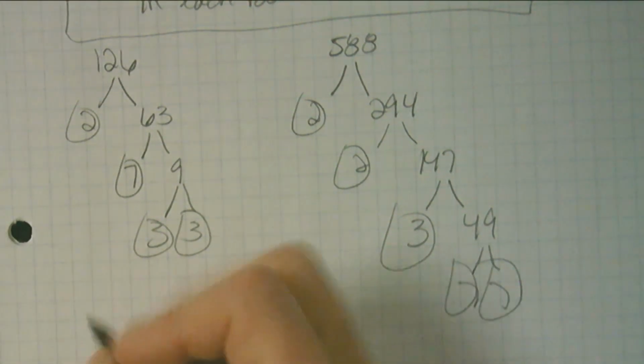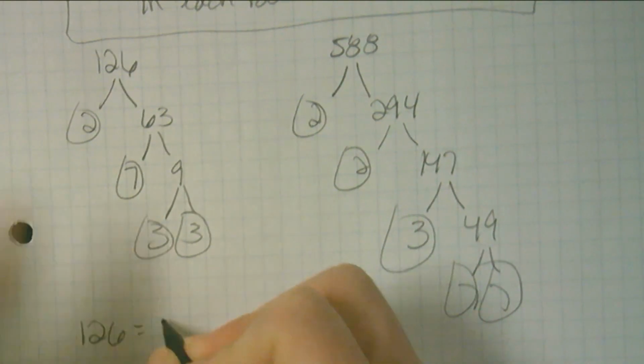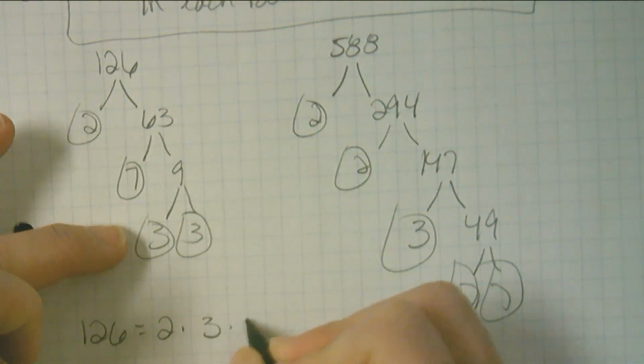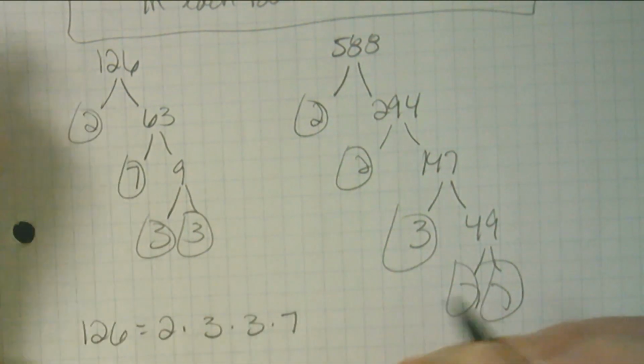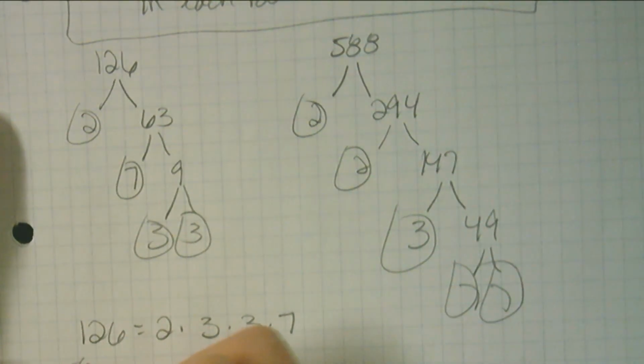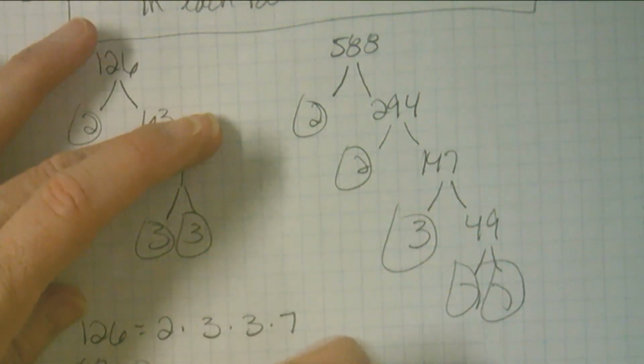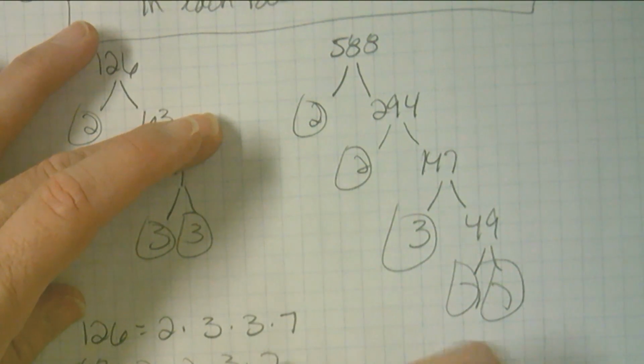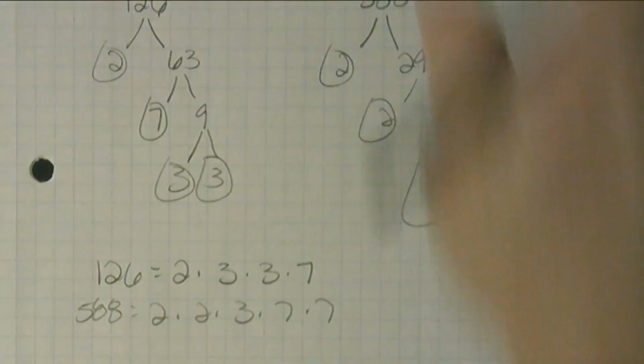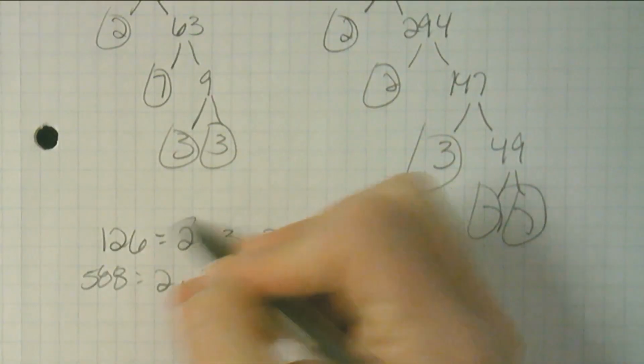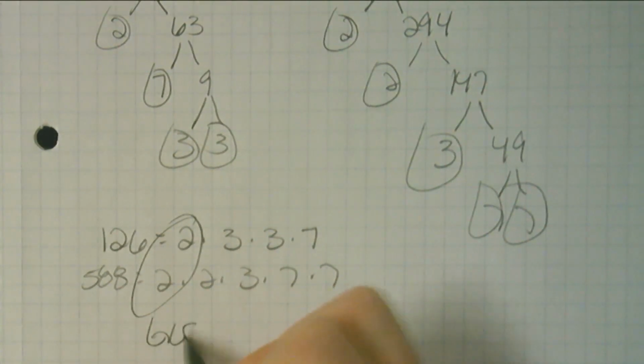Okay, so now I have 126, which is 2 times 3 times 3 times 7. And then 588 is 2 times 2 times 3 times 7 times 7. And now we just need to list these. So they have a 2 in common. So here's my GCF.